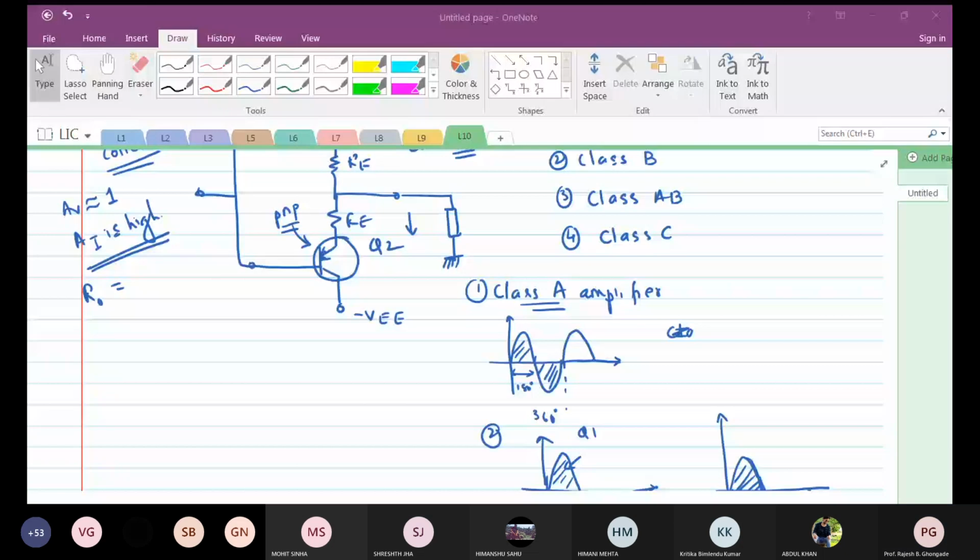My question is, what is output impedance of common collector configuration? Whether it is high or low? Sir, low. Very low. Yes, sir.